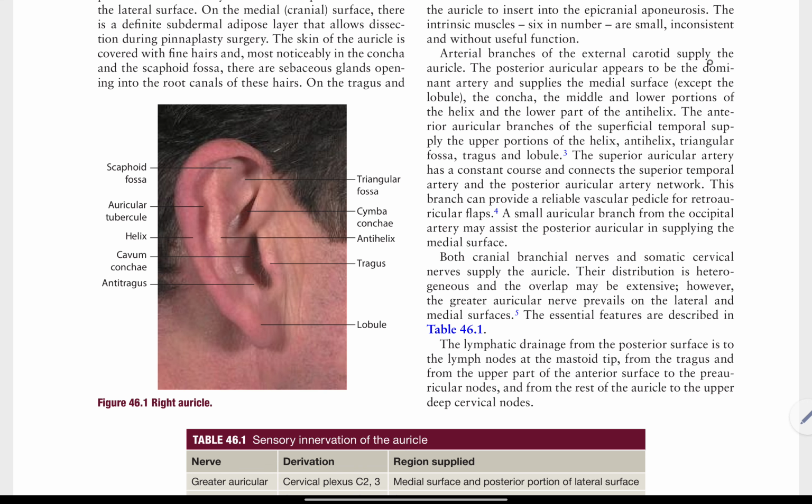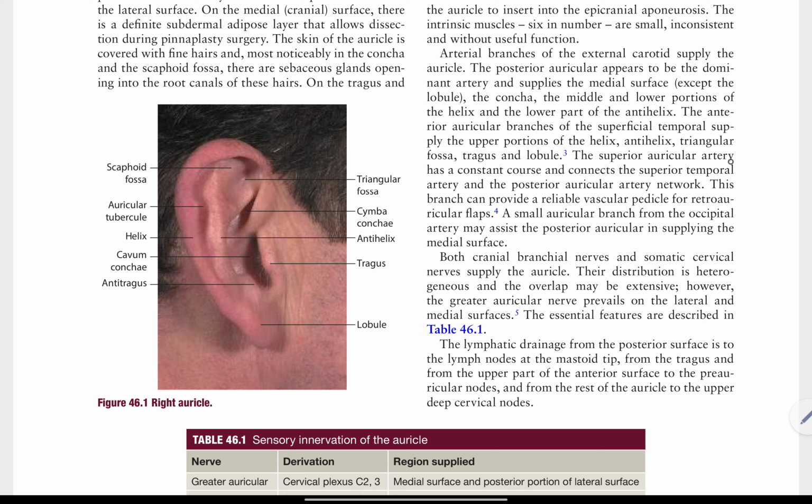Arterial branches of the external carotid supply the auricle. The posterior auricular appears to be the dominant artery and supplies the medial surface, except the lobule, the concha, the middle and lower portions of the helix and lower part of the antihelix. The anterior auricular branches of the superficial temporal supply the upper portions of the helix, antihelix, triangular fossa, tragus and lobule.